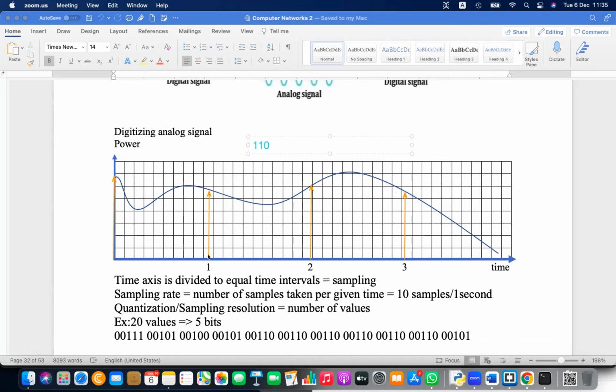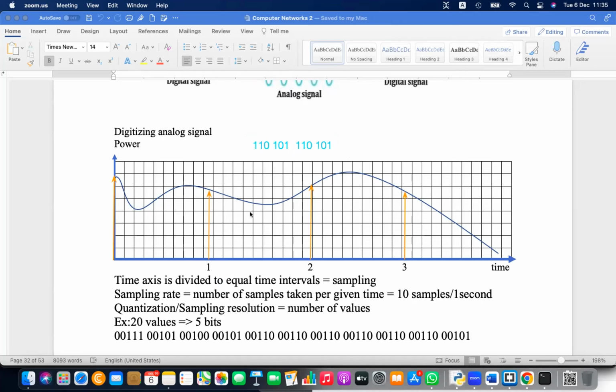Here 0, 1, 2, 3, 4, 5. 5 is 1, 0, 1. Here 0, 1, 2, 3, 4, 5, 6. 6 is 1, 1, 0. Here 0, 1, 2, 3, 4, 5 and a half, but 5 is 1, 0, 1. Okay, this is the signal.